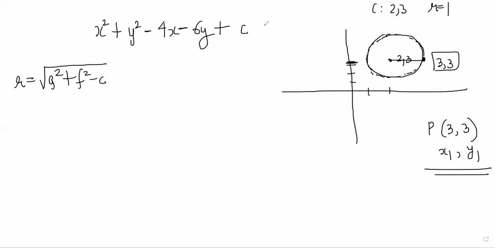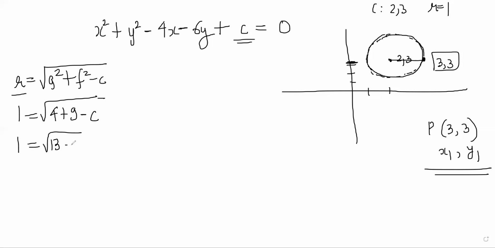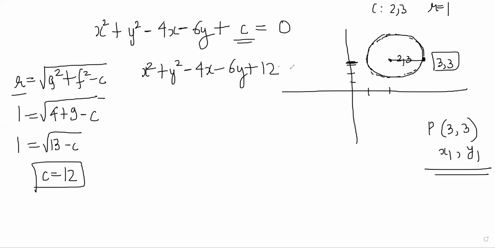I'll make the constant now because radius 1 is known. So 1 is equal to root over g square plus f square minus c. G square plus f square will be 4 plus 9, so 1 is equal to root 13 minus c. So c should be 12. So the equation of the circle is x square plus y square minus 4x minus 6y plus 12 is equal to 0.